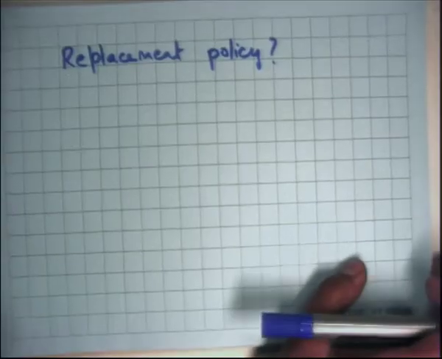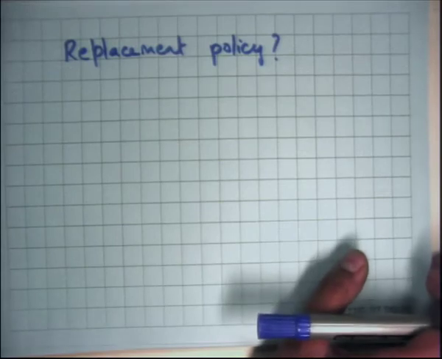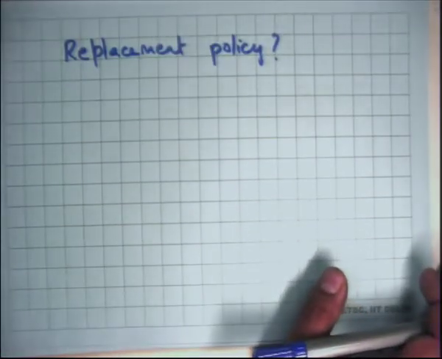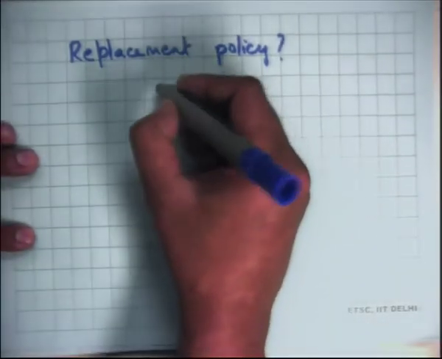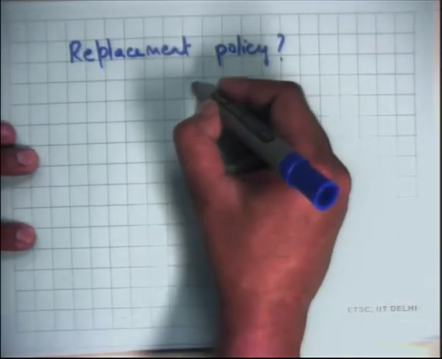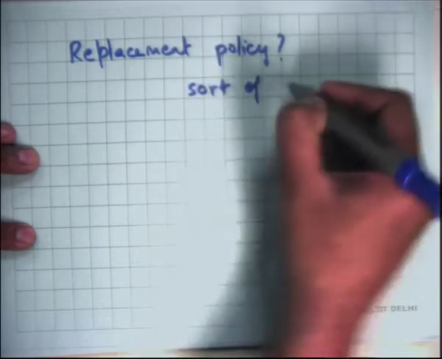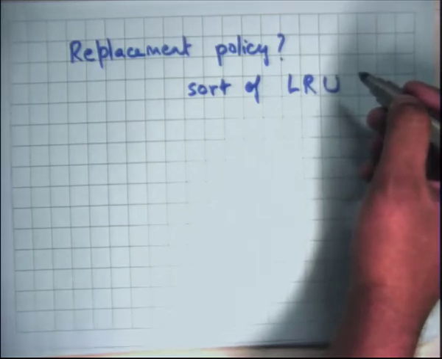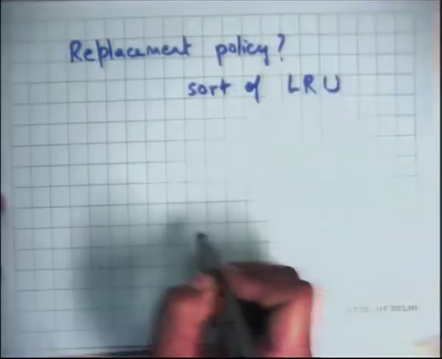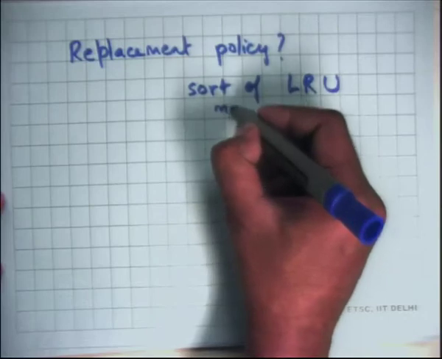As I said, it's very important to maximize hit rate. So what should be the replacement policy? It should be some kind of fully associative policy. It requires more discussion, but sort of LRU, least recently used. You've seen least recently used before in computer architecture. So sort of LRU, and we're going to discuss this more.